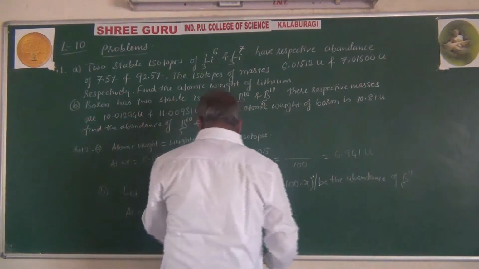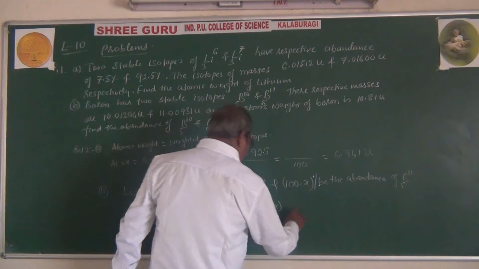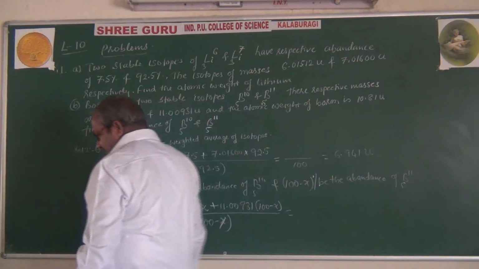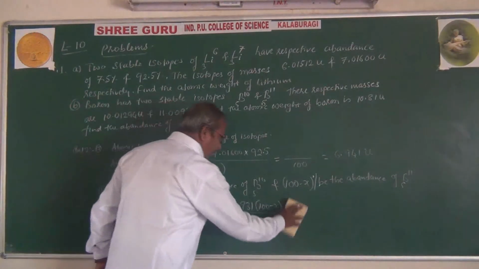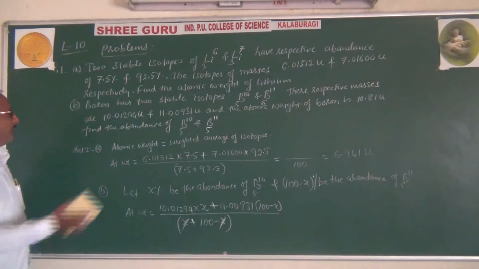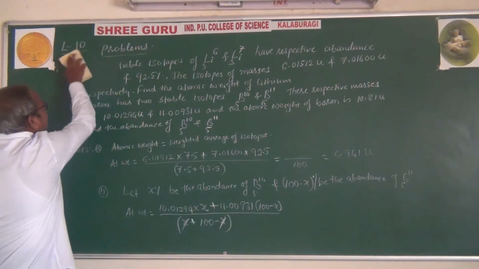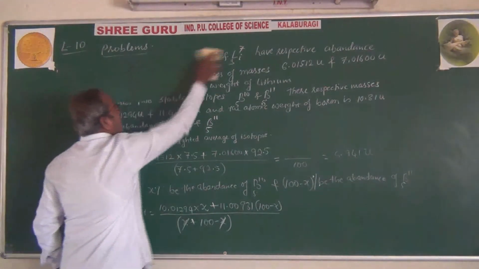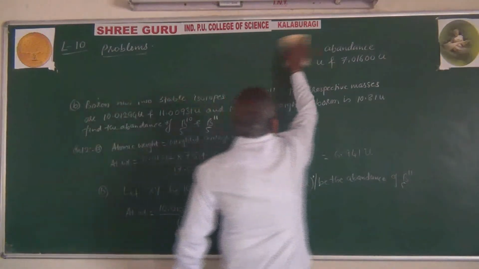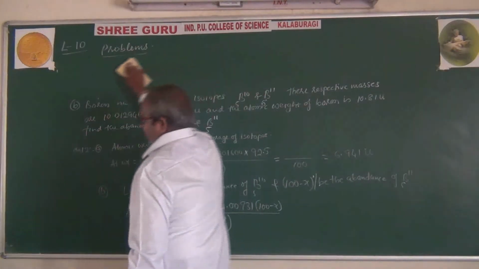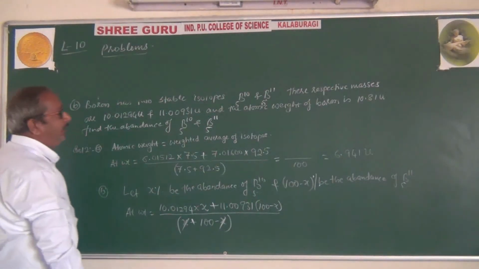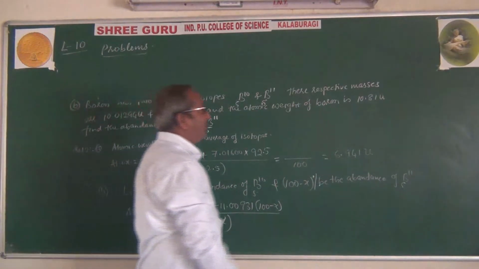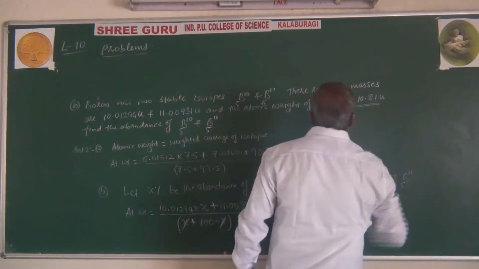Here you have to multiply again. This atomic weight will be given, and I will write it as step 2. The atomic weight of boron is 10.81.